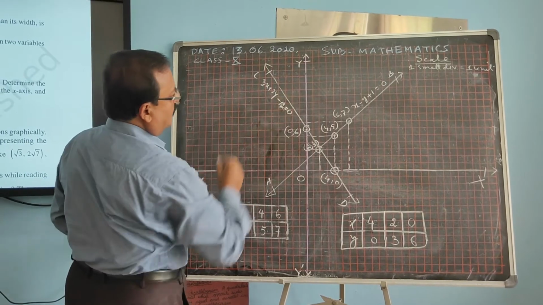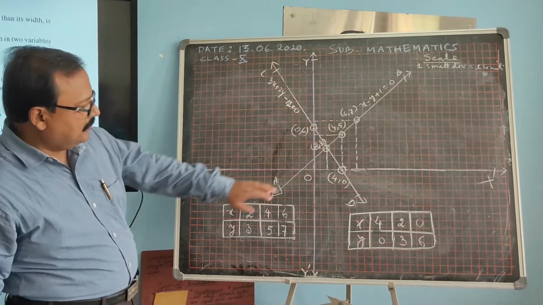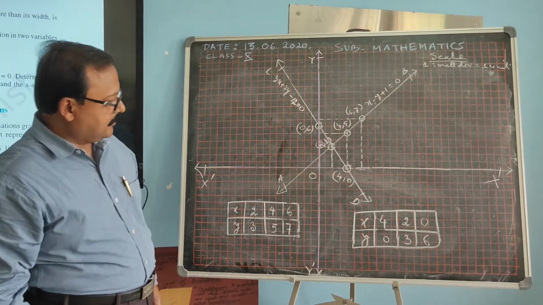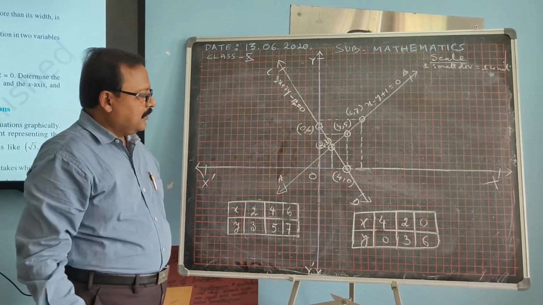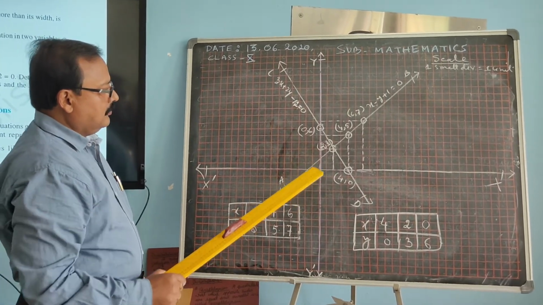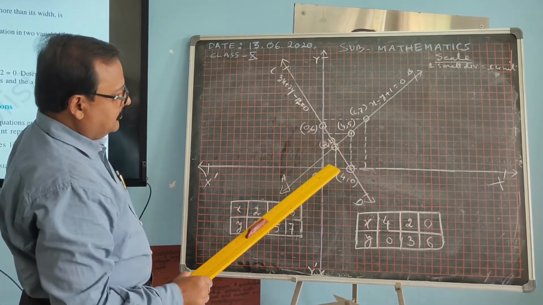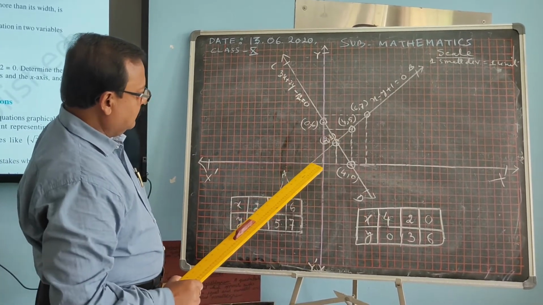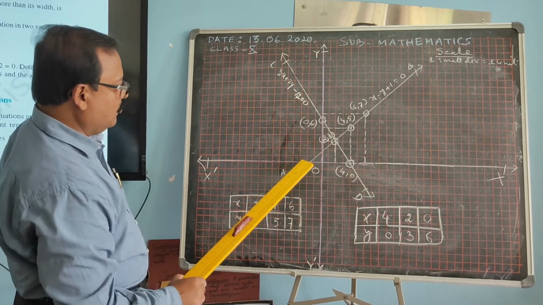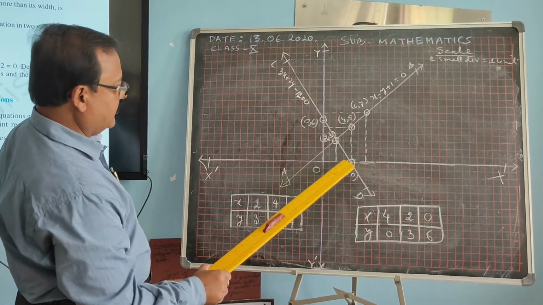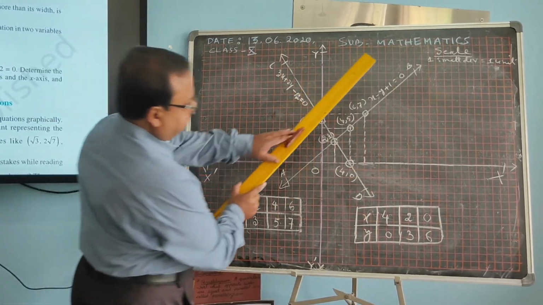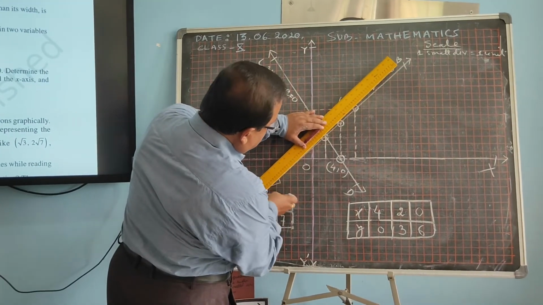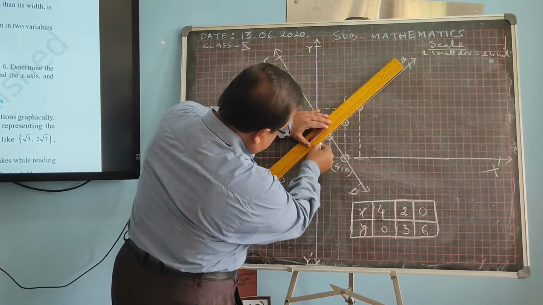By these two equations, we got 2 line segments. Okay. Then in your graph, the line intersects the x-axis in 2 points, these points and these points. That is 2 points.